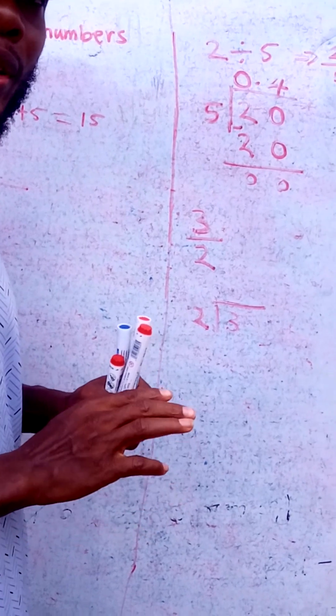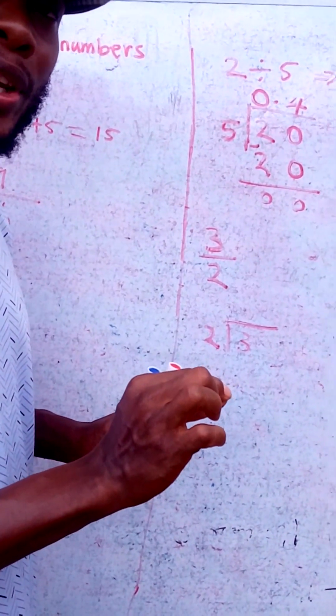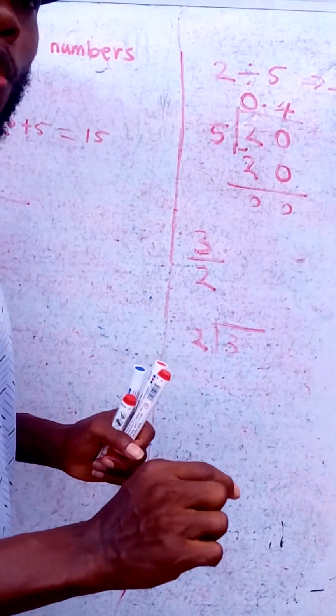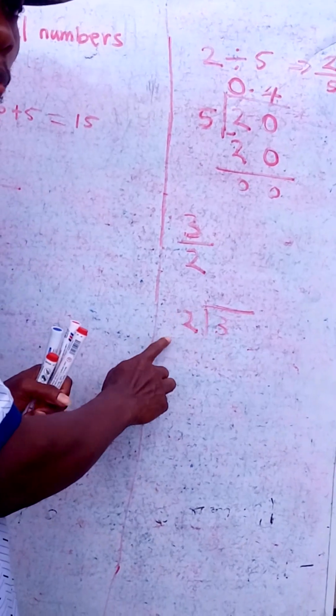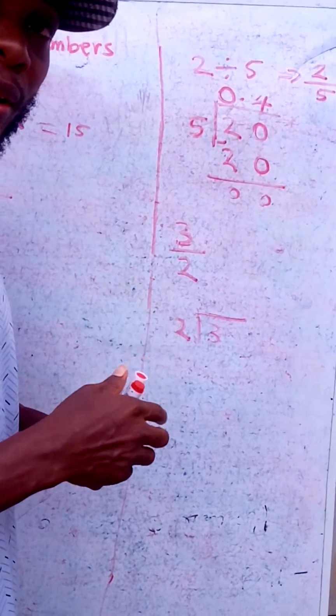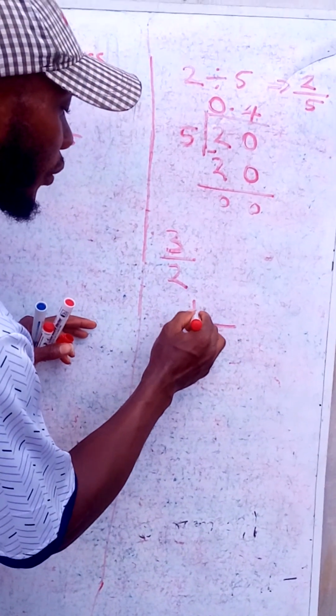Regardless of the remainder. We're not talking about what is remaining, but what they took equally. They will take 1 equally, so you write 1.